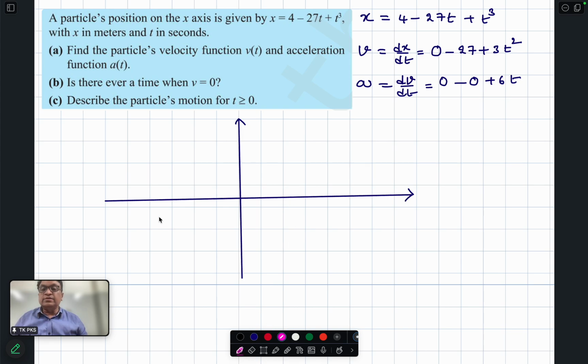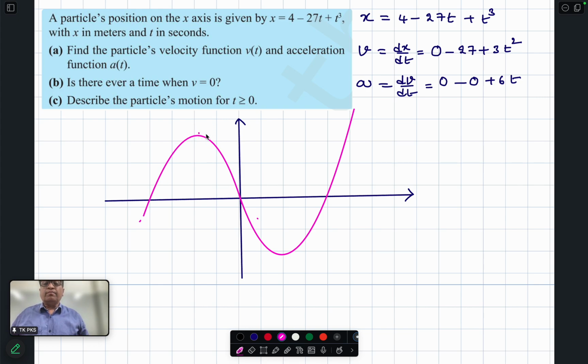You'll get the function like this. Right.